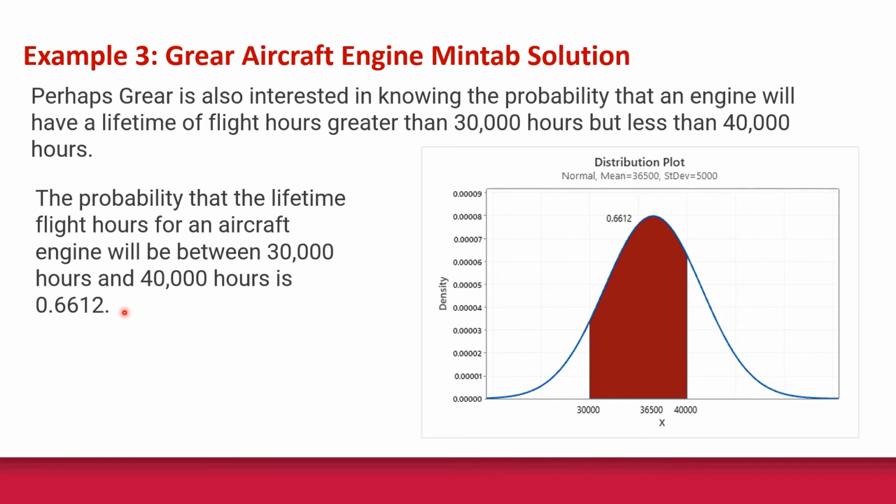When you do that, Minitab will generate the following plot. It produces the probability of 0.6612. So the probability that the lifetime flight hours for an aircraft engine will be between 30,000 and 40,000 hours is 0.6612, or roughly 66%.